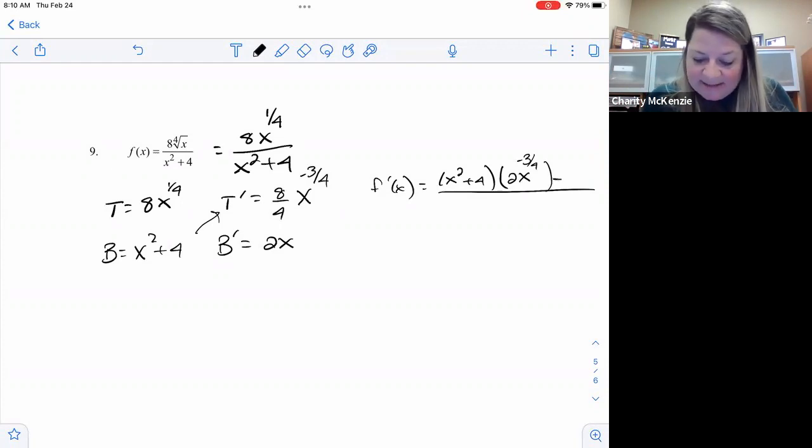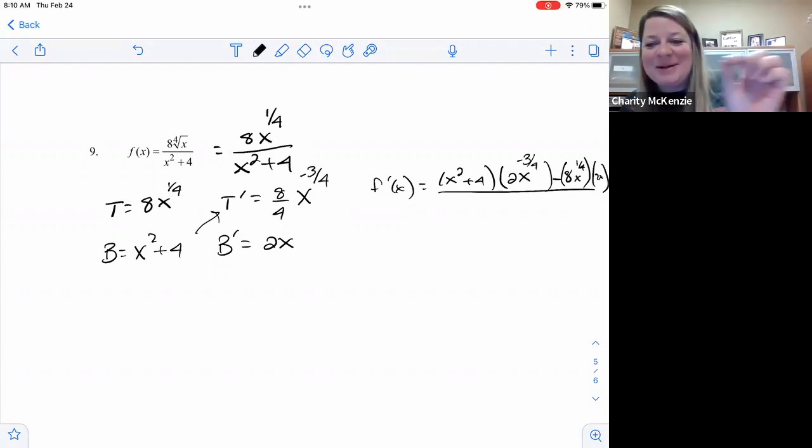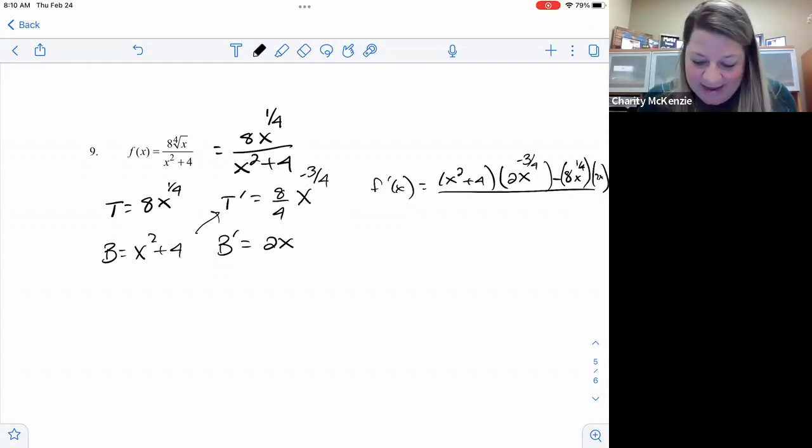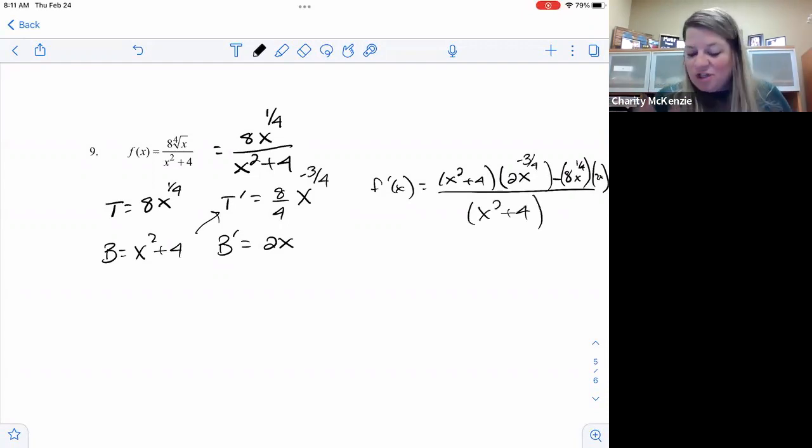And then we have a minus. Probably should have written this at the bottom so I could fit it all in here easier. And then we have our original top, which is 8x to the 1/4, and then we're going to times that by the derivative of the bottom, which is 2x. It gets smaller, you barely read my 2. Okay, and then it's the bottom squared. Again, simplification isn't something we always have to do. So you should be able to put it in like that on most of them.